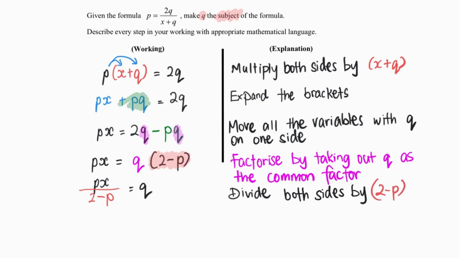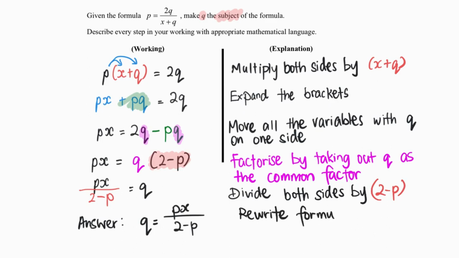And lastly, do rewrite your final answer as q equals to px over 2 minus p, with q as the subject.